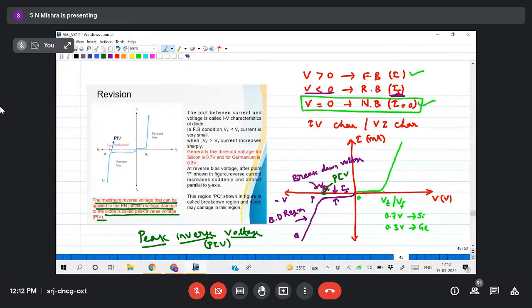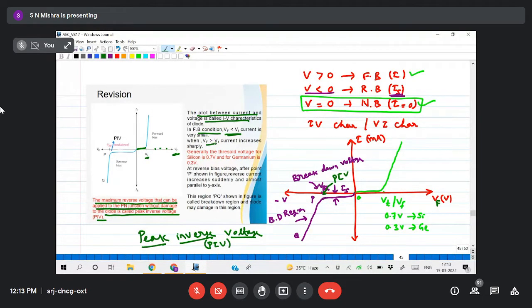Whatever we have discussed is written here. The plot between current and voltage is the VI or IV characteristic. In forward bias condition, VF means instantaneous voltage, written VF in this diagram instead of V. When VF is less than VT and very small, a very small current will flow.